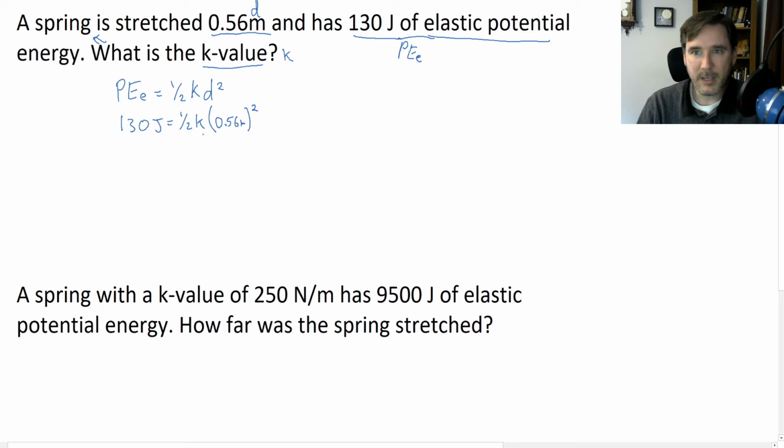So we want to get this K by itself, but we have a lot of numbers we can work with here. There's nothing I could do on the left-hand side. I'm going to leave this half alone, but I'm going to square this 0.56, the displacement. So 0.56 squared gives me, I'm not going to round until the end, I'm just going to write everything down, 0.3136. I messed that up at first.